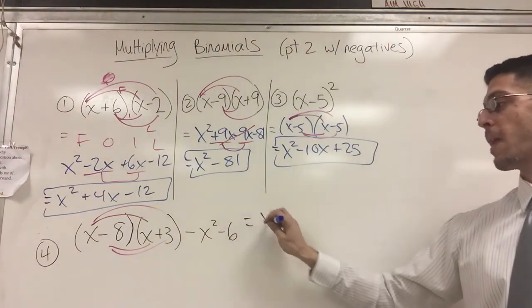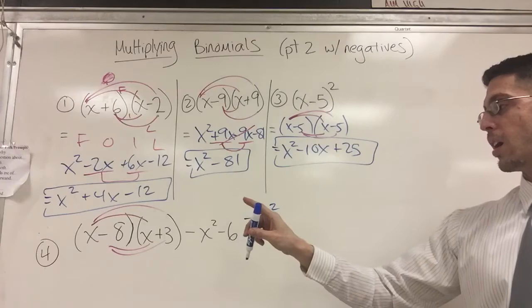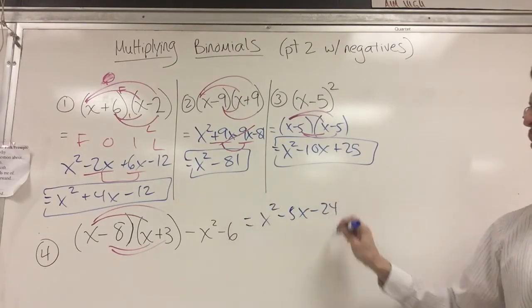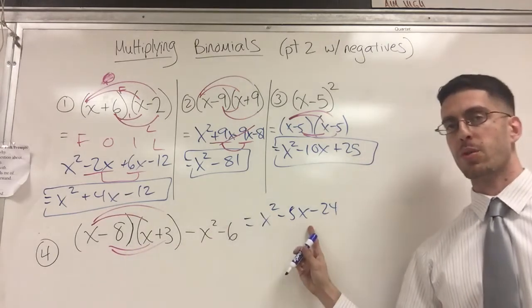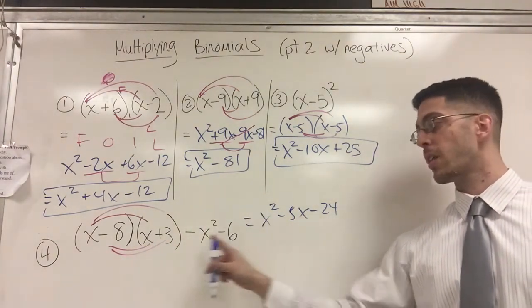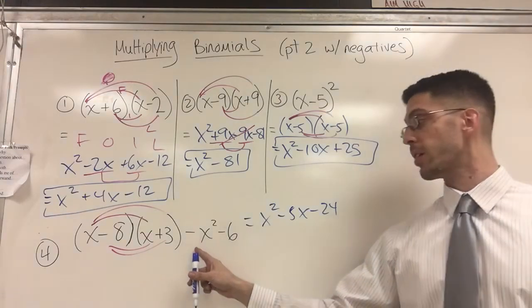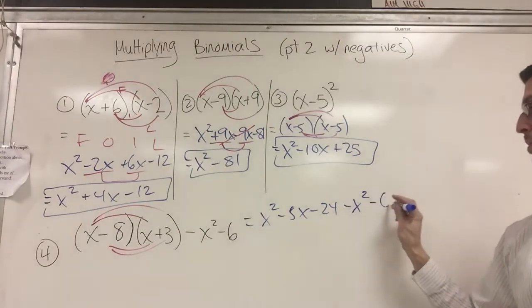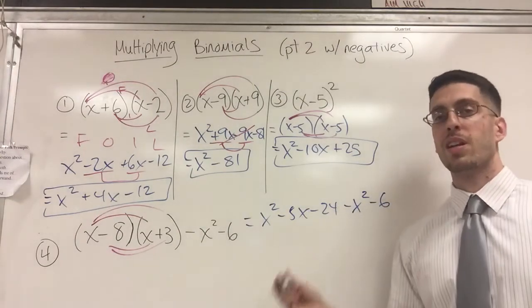So you're going to get x squared minus 5x minus 24. That is what happens when you FOIL, you get this trinomial. Then I'm going to just bring this with me. Negative x squared minus 6. Oh no, I'm so scared. Nothing to be scared of.